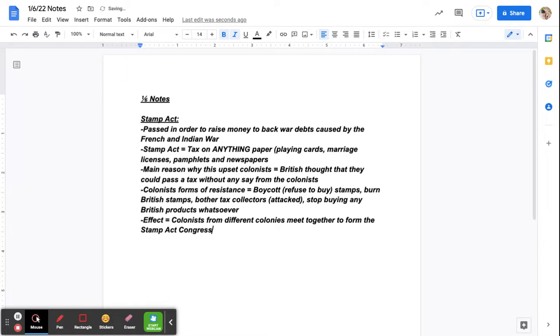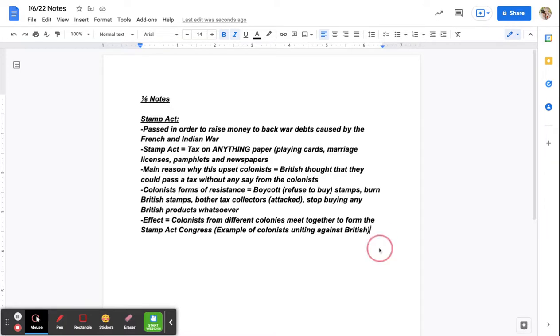And this is important because it's an example of seeing the colonists sort of unite together behind King George's back to try and make decisions on whether or not this is actually fair not to be getting these taxes.